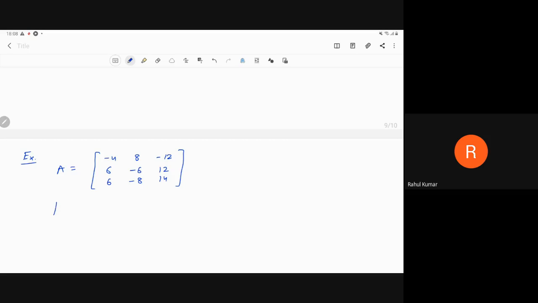This time, the characteristic equation is determinant of A minus lambda I3, means from the diagonal places, subtract lambda: -4 minus lambda, 8, -12, 6, minus 6 minus lambda, 12, 6, -8, 14 minus lambda. You have to solve this determinant. There is no other option. See what do you get.